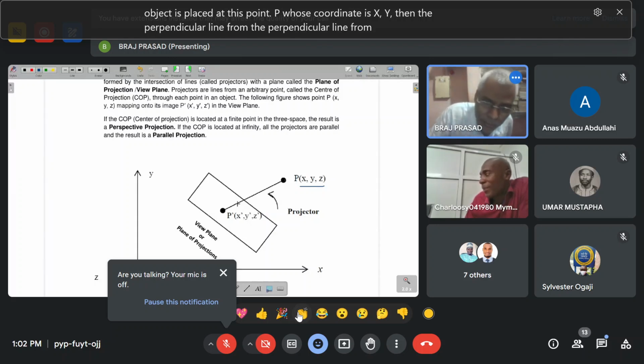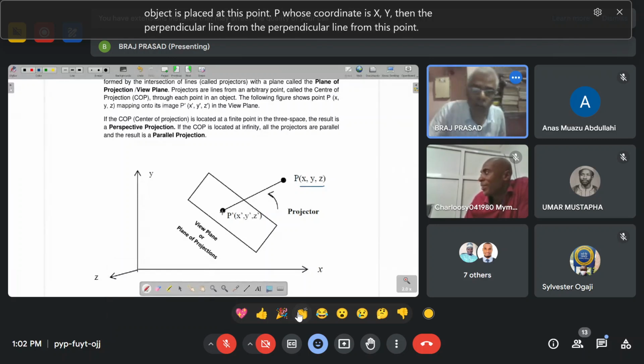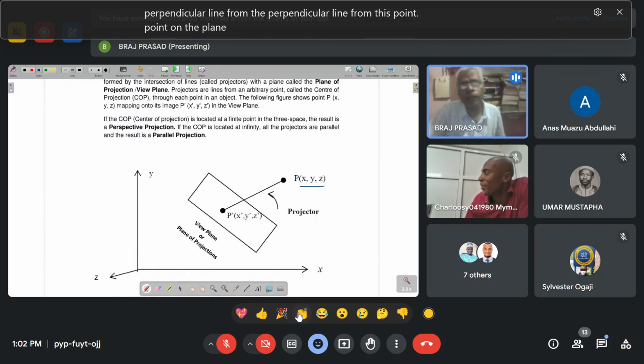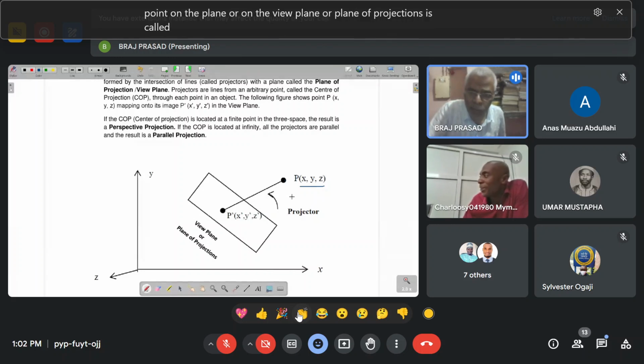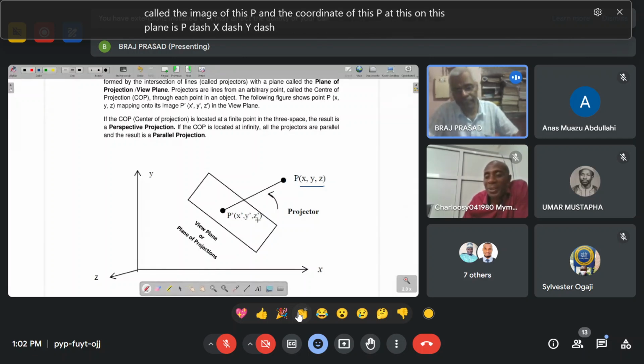Then the perpendicular line from this point on the view plane or plane of projection is called the image of this P, and the coordinate of this P on this plane is P dash, x dash, y dash, z dash.